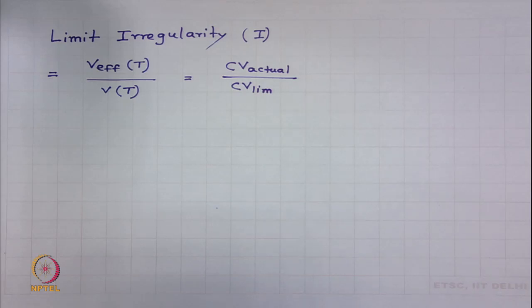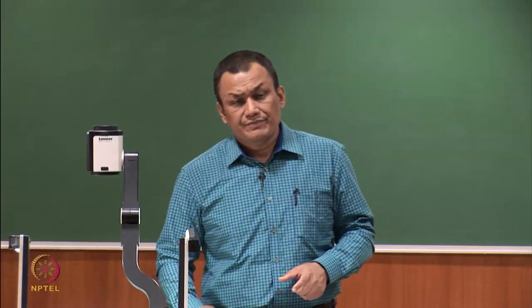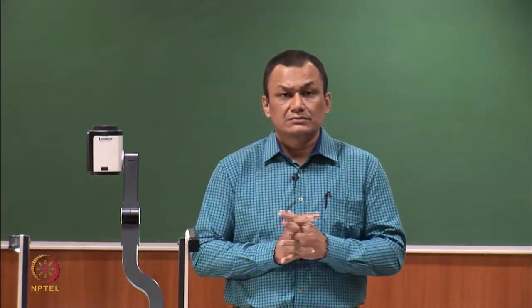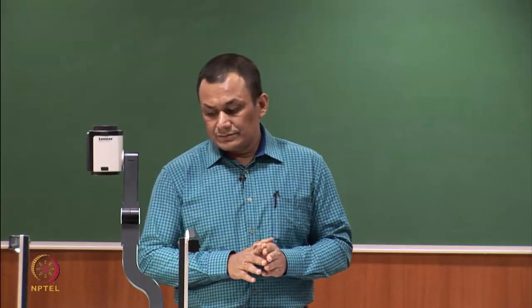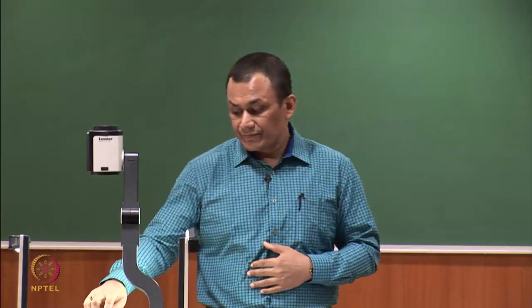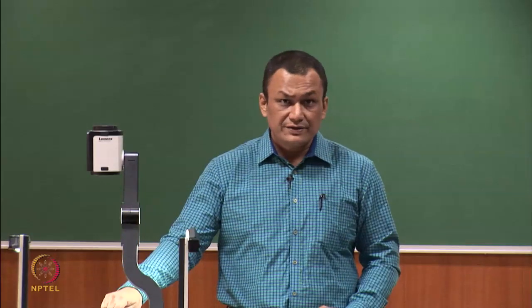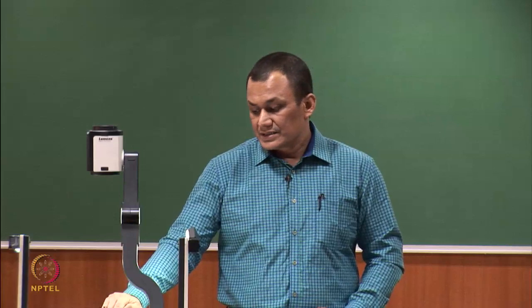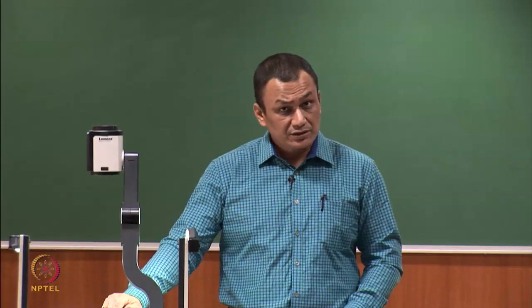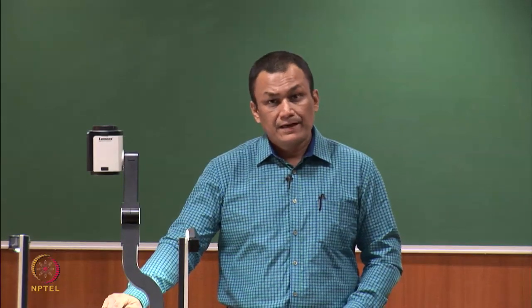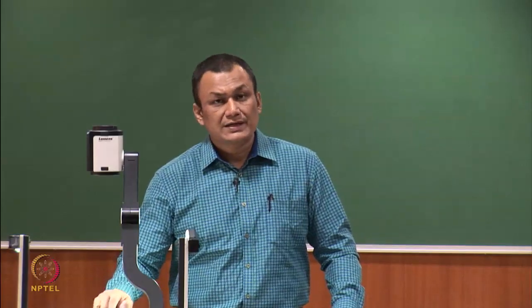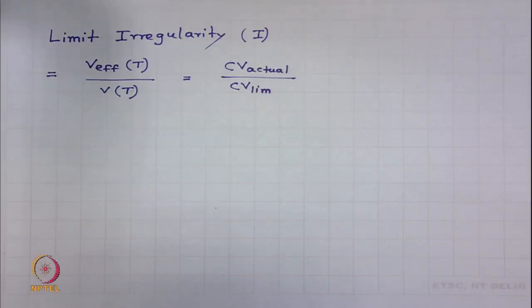Now, there is a testing instrument so called Uster tester, Uster evenness tester, which measures the mass irregularity of sliver, roving, yarn, and it actually measures. So, we obtain actual CV from experiments. CV limit we can calculate using Martindale's model, and if we divide CV actual by CV limit, we obtain limit irregularity.